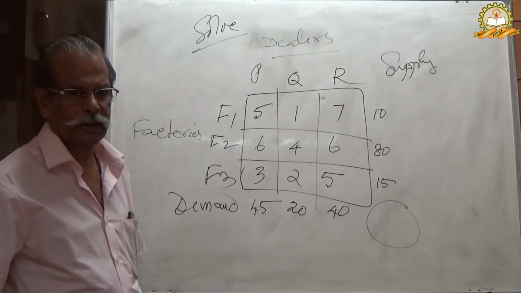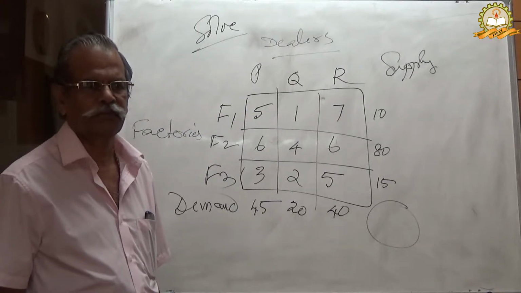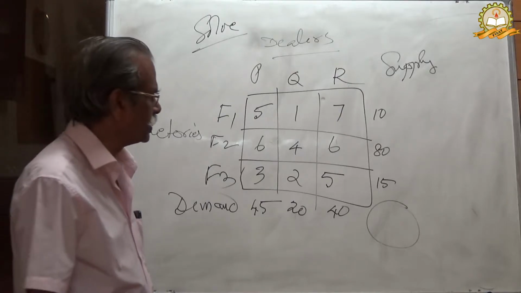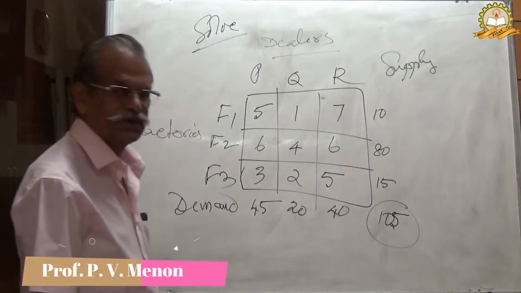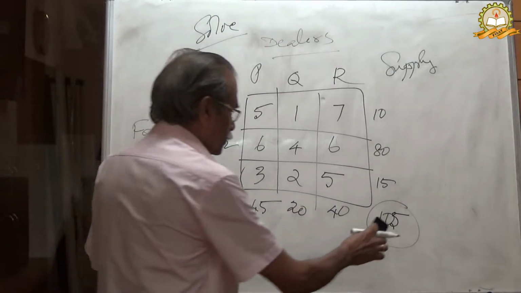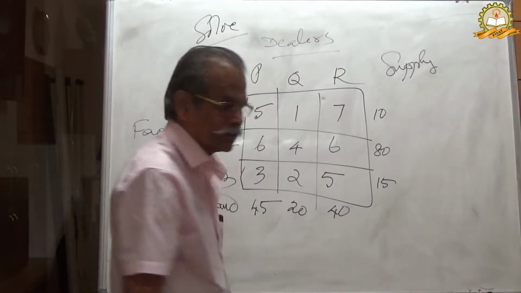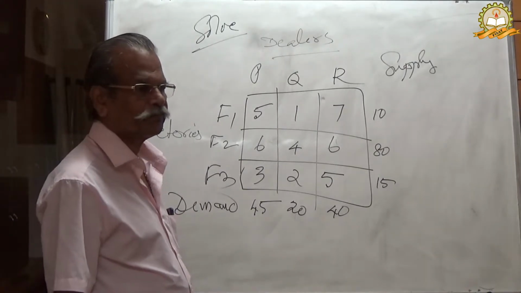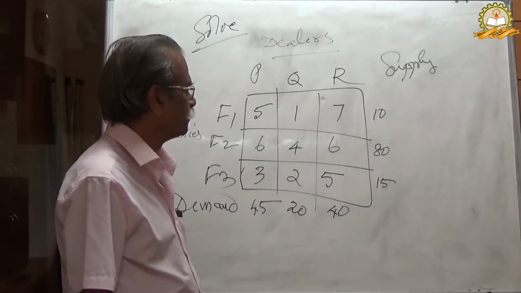Step number 1, normally which we are doing, find the total of supply and demand. Here it is 105. Therefore, you can say the question is balanced. Then, second step, applying VAM.